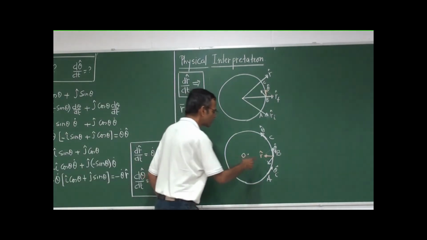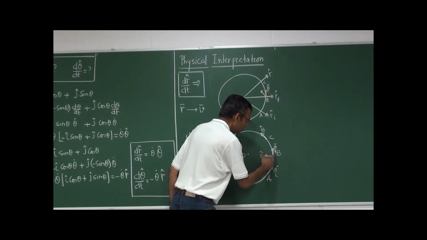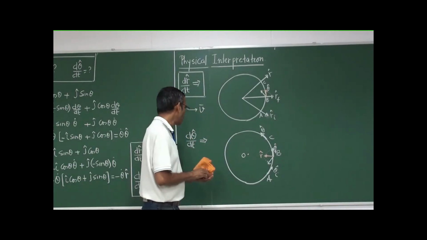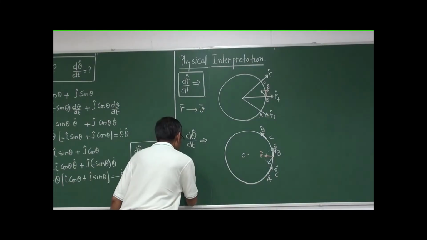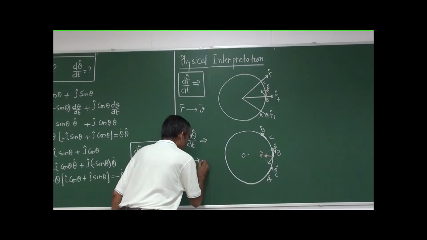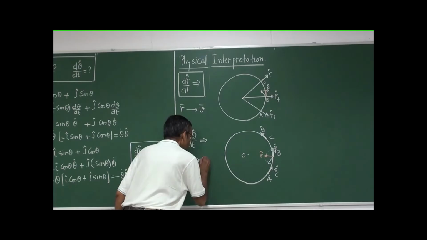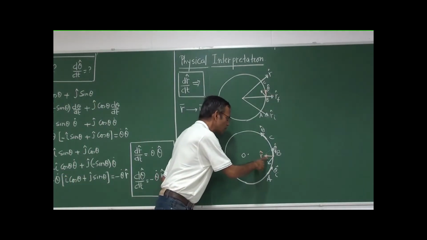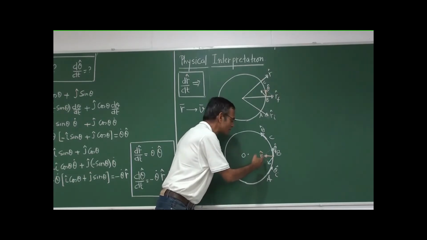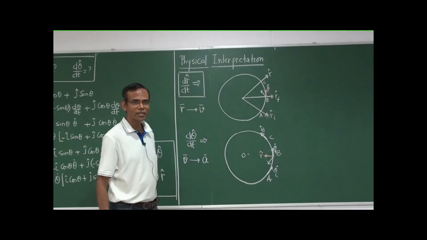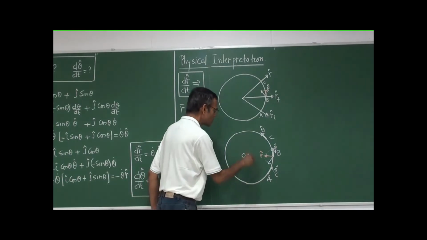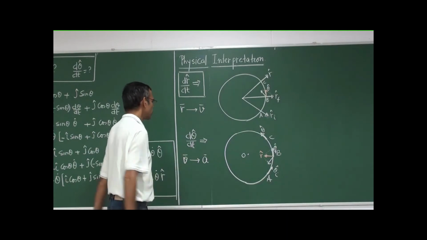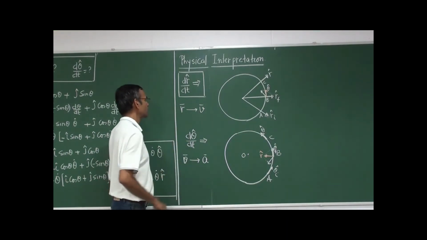That is what we see here, that d theta cap by dt is the change when the velocity vector is changing. So when the velocity vector is changing, we get the acceleration. And acceleration, as you see, is pointed towards the center, and that is what we call centripetal acceleration. So this is the physical or geometrical interpretation of d theta cap by dt.